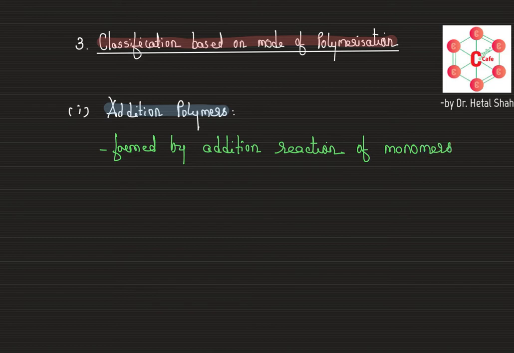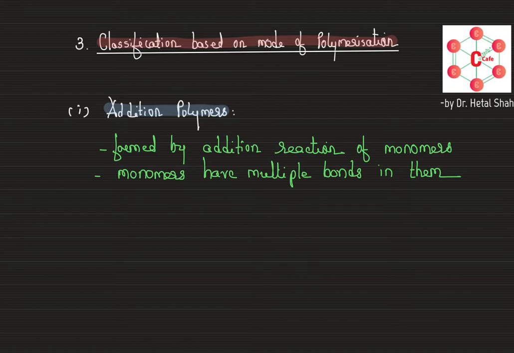Because when monomers have to undergo addition reactions, they must have pi bonds in them. So monomers have multiple bonds in them. Multiple bonds could be like a double bond or a triple bond, right?